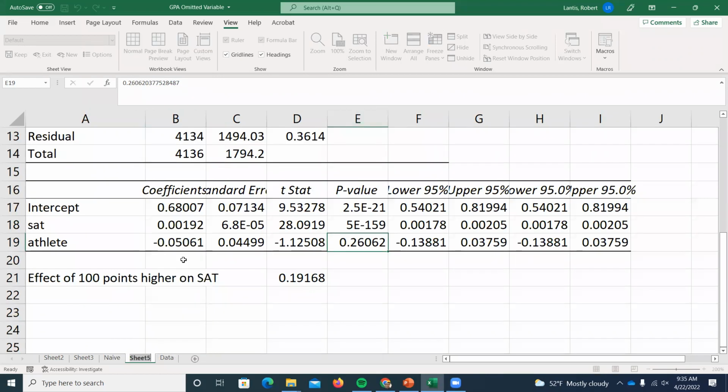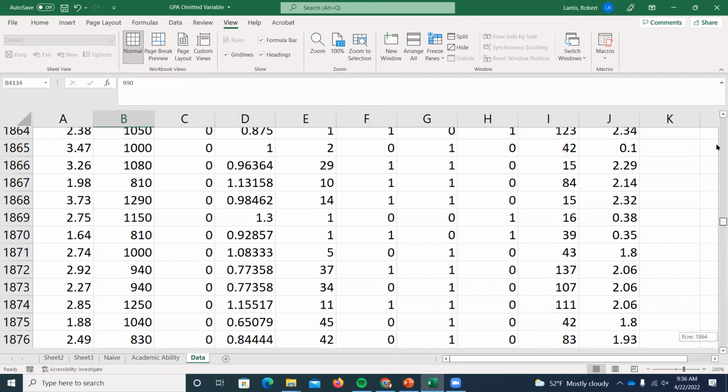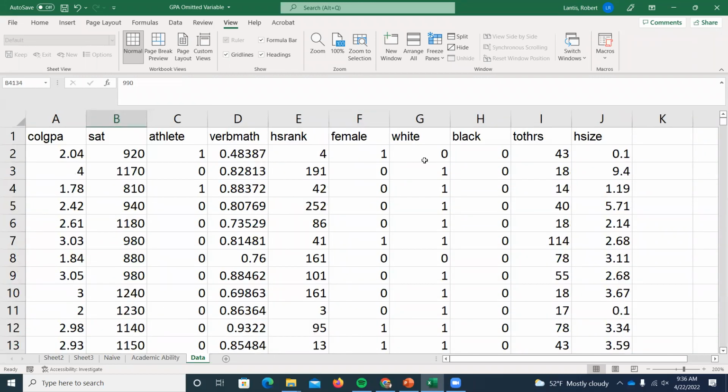I then say, well, if I just control for their academic ability, maybe there's some evidence that it has a negative effect on your GPA, but I can't say with any decent level of confidence that it really has an effect. Well, then I could go a step further, right? I don't just have SAT scores. I've got a bunch of other variables that I think could help me make better predictions about someone's college GPA.